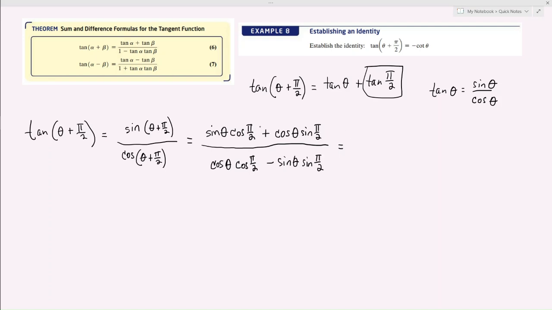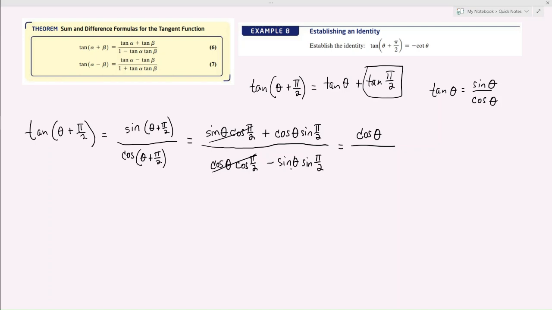Okay. Cosine of pi over 2 is 0. So this term is gone. And that leaves us with the cosine of theta times the sine of pi over 2. And that's a 1. So this is cosine of theta times 1. Down on the bottom here, we're going to get cosine of theta times another 0.